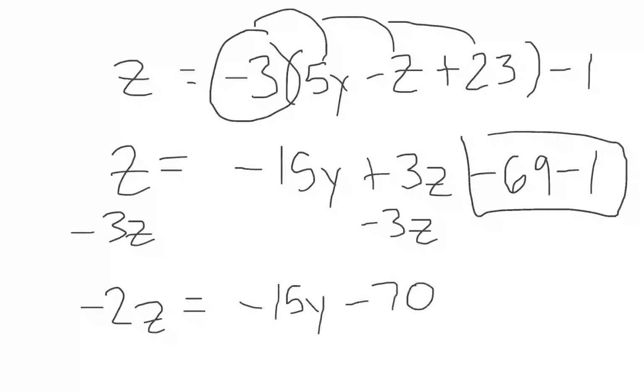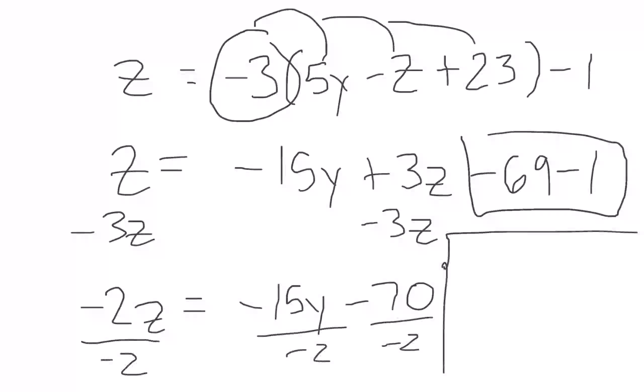Now, for this, I could leave it like this, but I do like how that z was all by itself, so I'll just divide this by negative 2 and get my final equation to be z equals, not 13.5, but 7.5y plus 35.